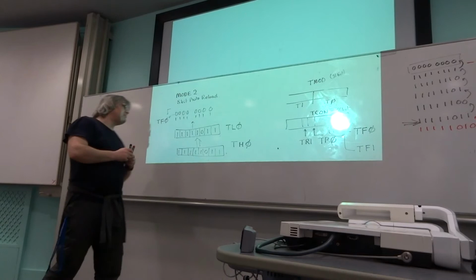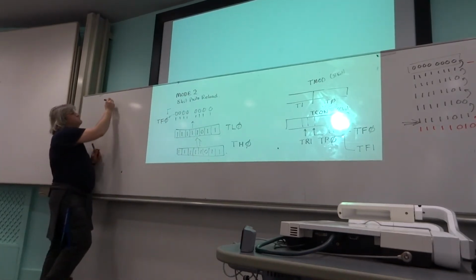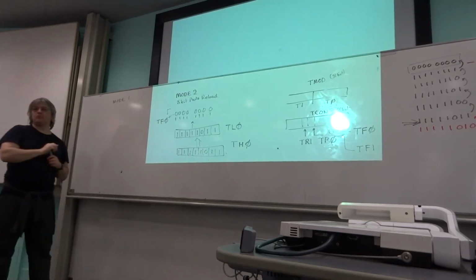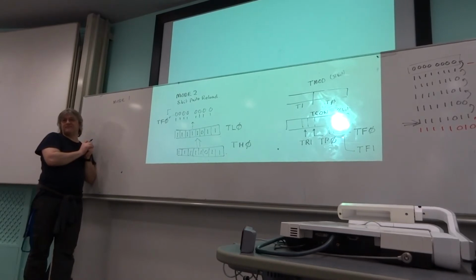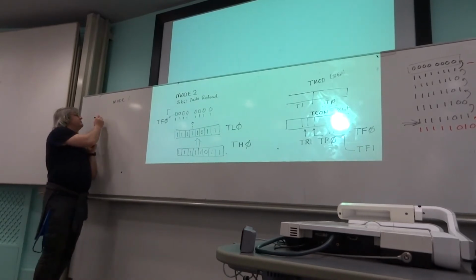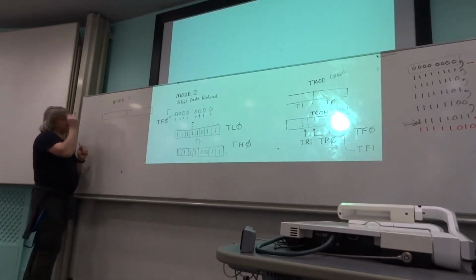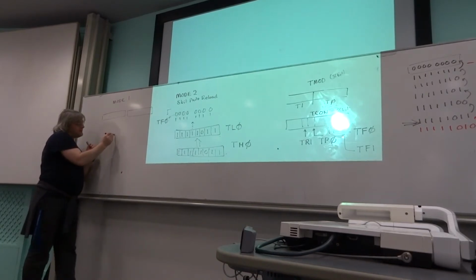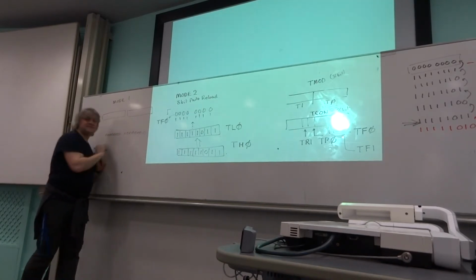Which you can do. Let's say I'm in 16-bit mode, so this is mode 1. And in mode 1, I want it to do a 2 microsecond delay. Okay? So to achieve a 2 microsecond delay, I've got to think about, it's going to 1, 2, 3, 4, 5, 6, 7, 8.